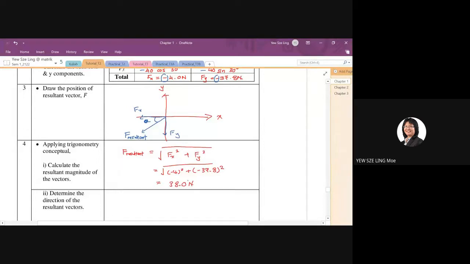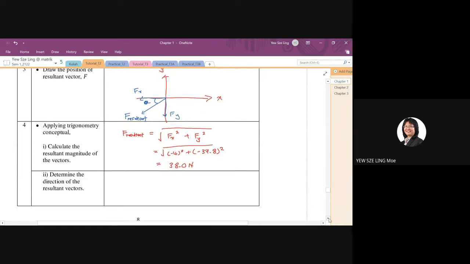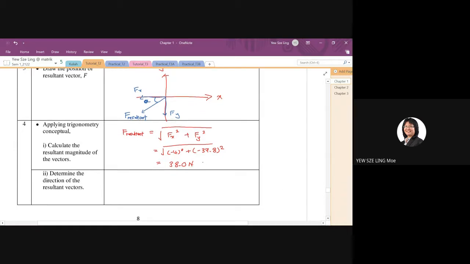Magnitude is always positive when it comes to vectors. So 38.0 Newton. Remember to include the unit in your final answer, because without the unit, the answer is considered wrong.